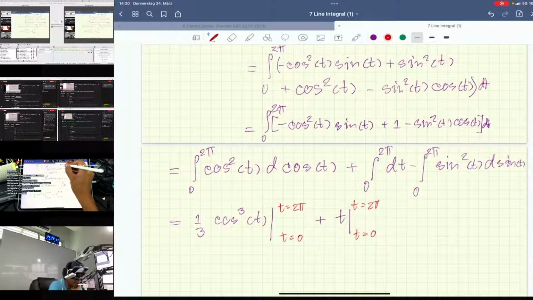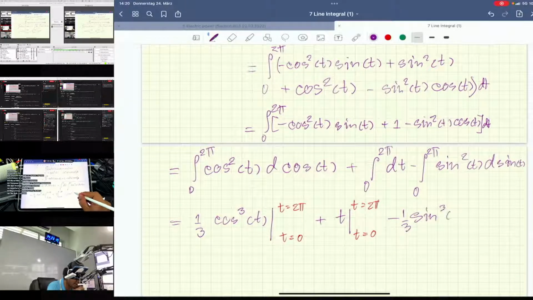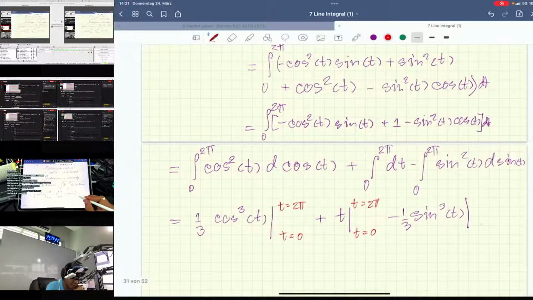And in the third term, we're going to have sine to the power of 3 over 3, once your t starts from 0 to 2 pi.